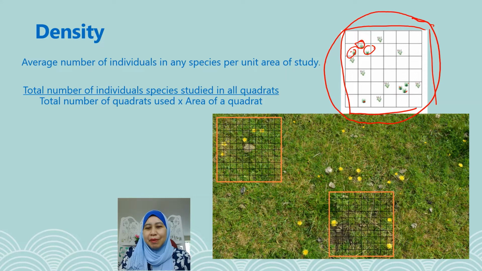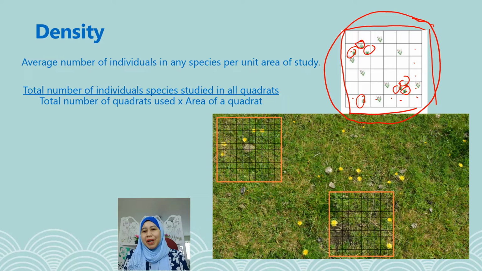Because we only want to study bunch grass species, so we have 7. Divide by total number of quadrats used. Since the area is small, I just use all the quadrats. 1, 2, 3, 4, 5, 6. So I have 36 altogether, number of quadrats.